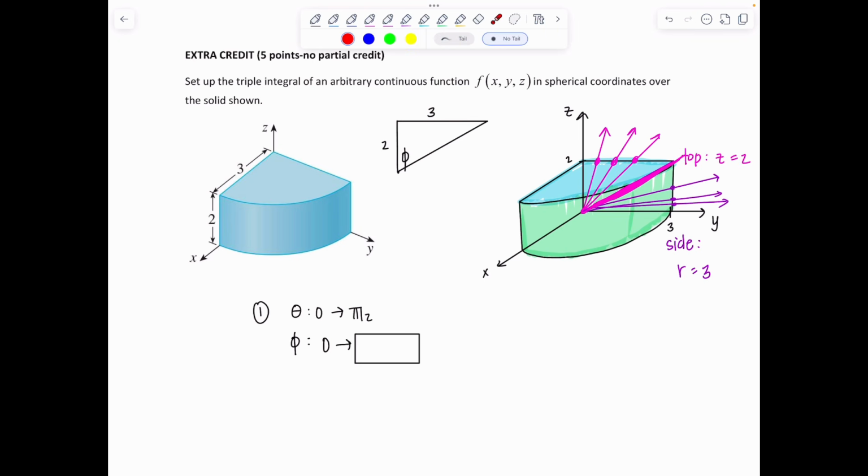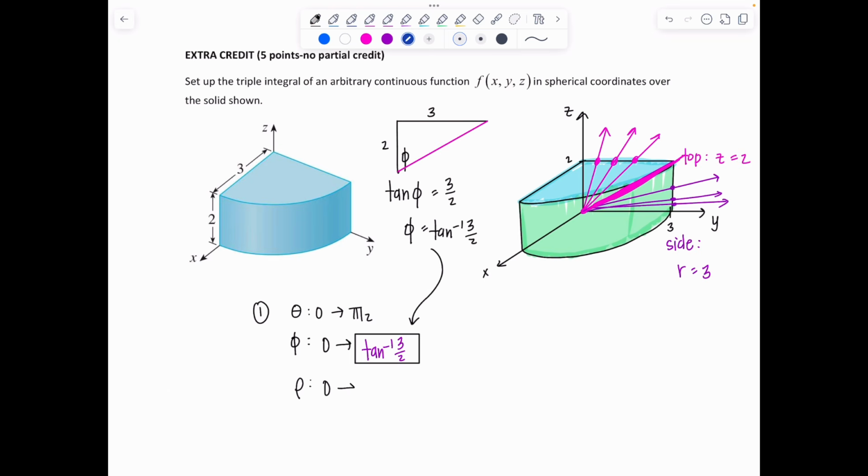This is the mystery angle from the picture. Tangent of phi is 3/2, so that angle is tan inverse of 3/2.